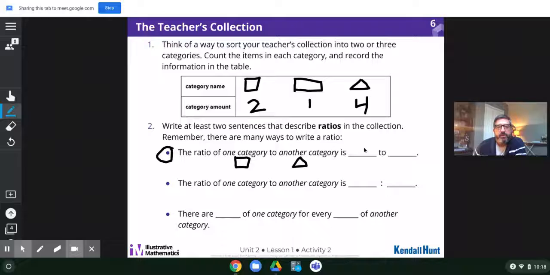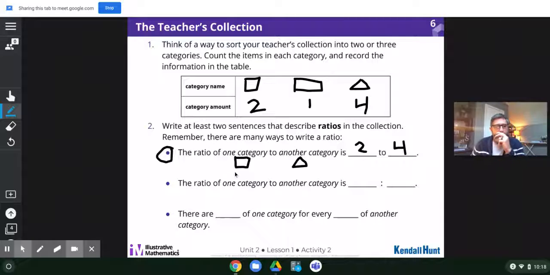So the ratio in this first line, we go with our first category, so it's squares. So we know that that is 2. And in the second blank, we go with our other category, which we know is a triangle. And we know we have 4 of those. So the ratio of squares to triangles is 2 to 4.